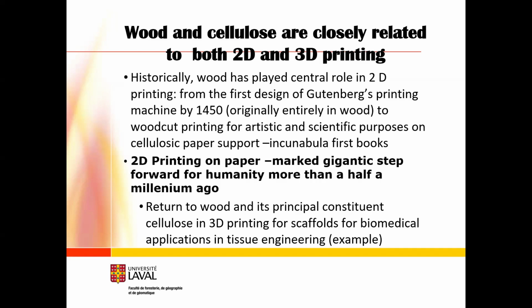It was later upgraded to include metallic parts, and the printing was done on paper, which is very rich in cellulose. So even if it was of textile origin, it is still the same molecule.